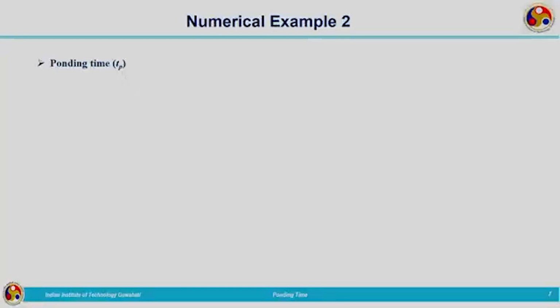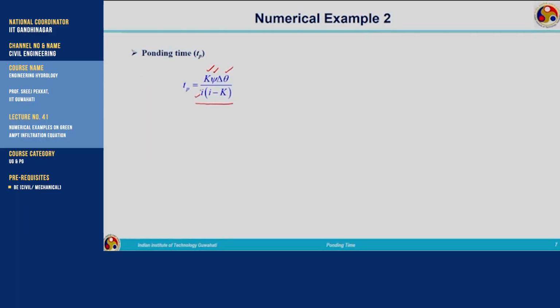We have the expression for ponding time Tp, that is given by K psi delta theta divided by I into (I minus K). K is given to us, psi is given to us, delta theta can be calculated, that is the soil moisture deficit, and intensity of rainfall is also given to us.